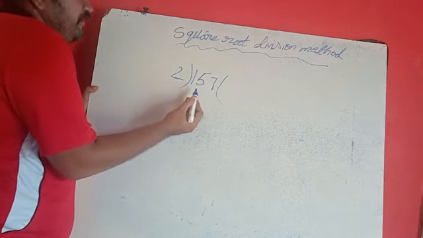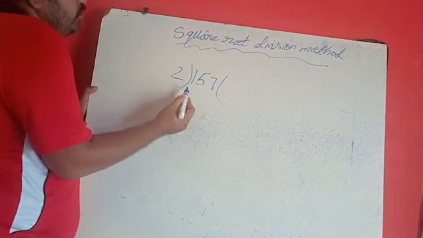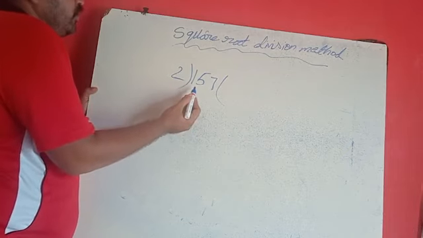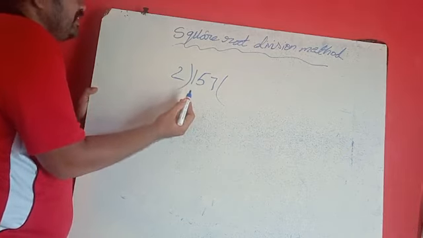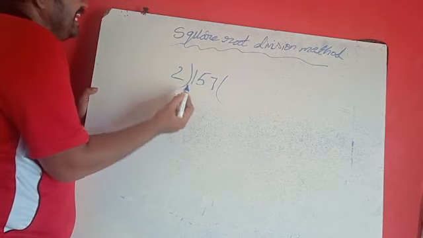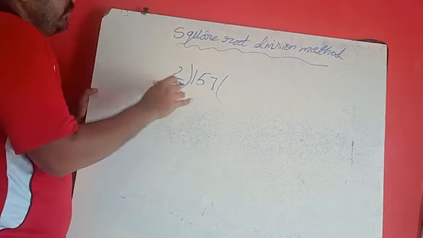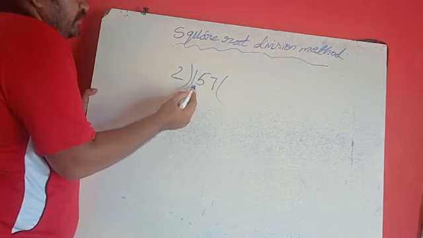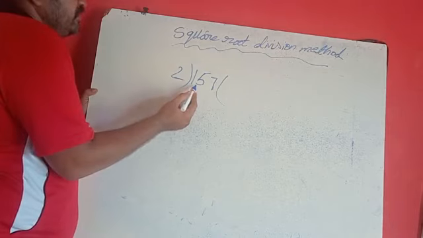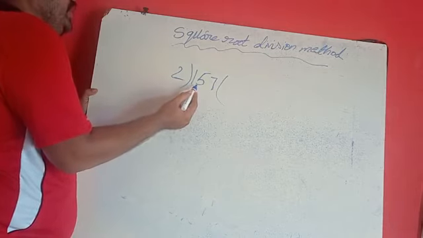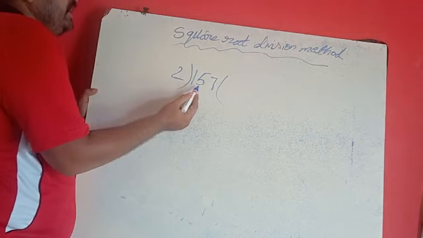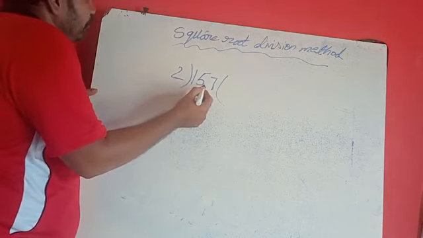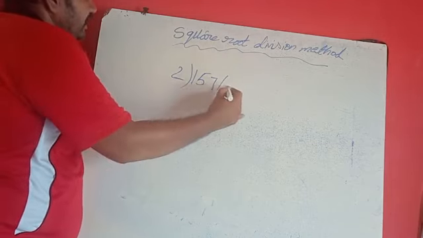In 2 table, you have to identify how many times goes into 15, so we go to the nearest one. You have to think like a second class child doing this sum. How will he do it? He will read the 2 table: 2 1s are 2, 2 2s are 4, 2 3s are 6, 2 4s are 8, 2 5s are 10, 2 6s are 12, 2 7s are 14, 2 8s are 16. 16 is more, so we have to take only 7 times.